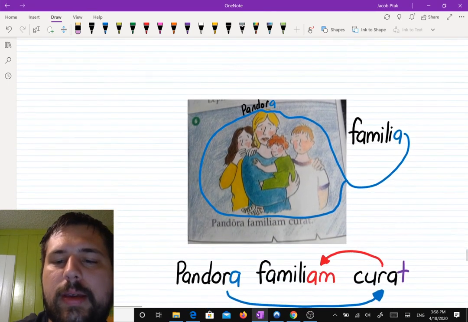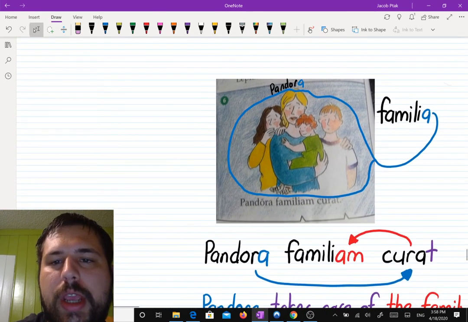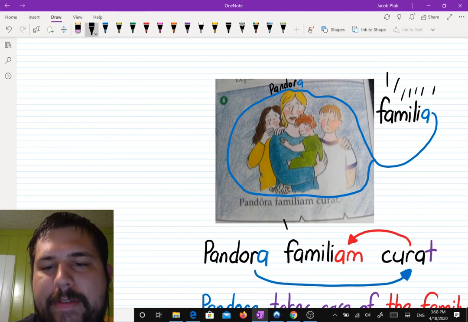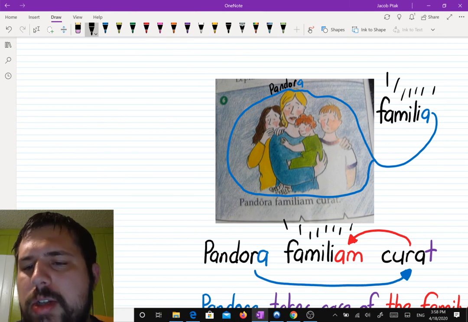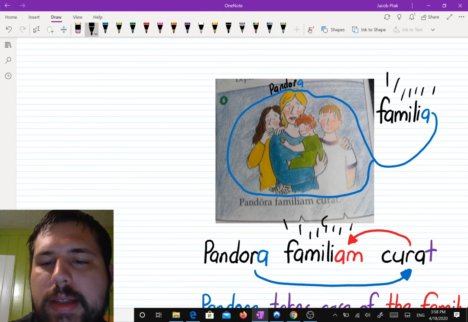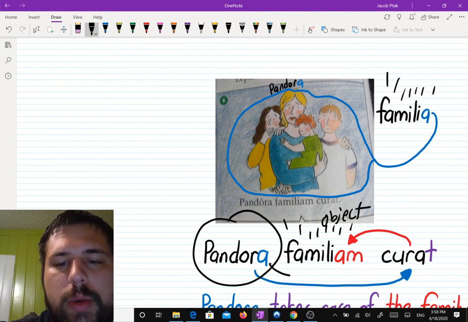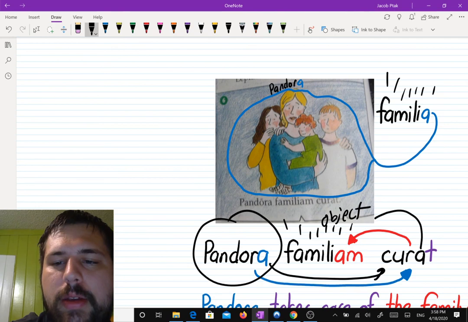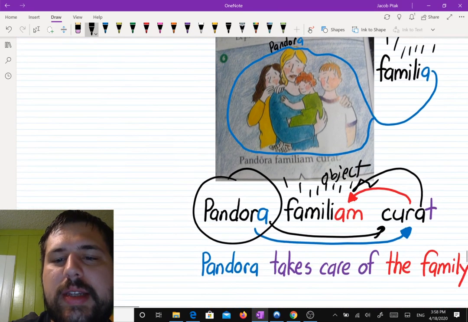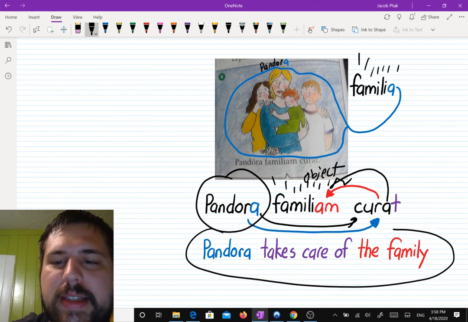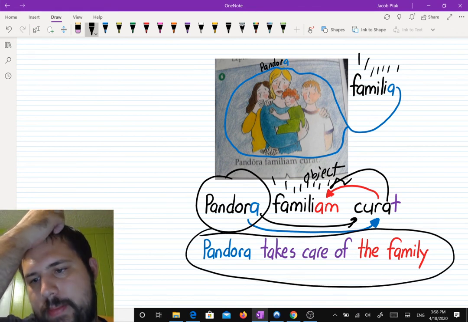Hopefully you see how the word familia changed from F-A-M-I-L-I-A to F-A-M-I-L-I-A-M to let you know that it is the object. So you go from Pandora to what she does, curat, and then you find your object. So the sentence in English turns out to be, Pandora takes care of the family.